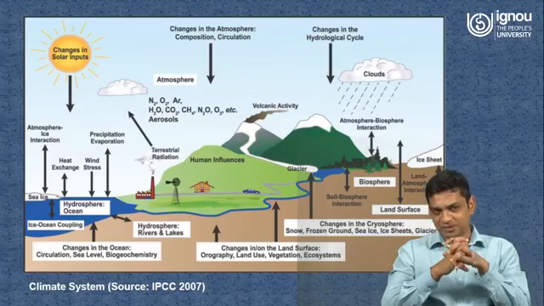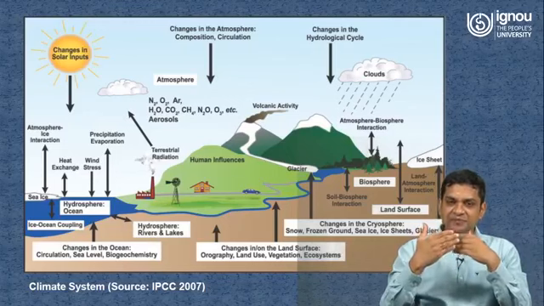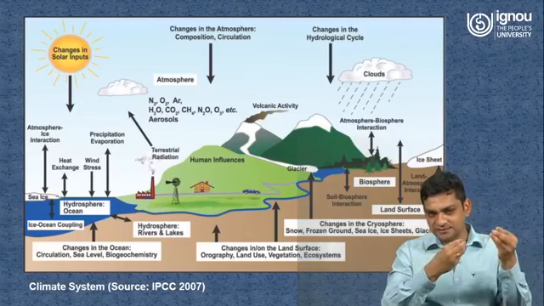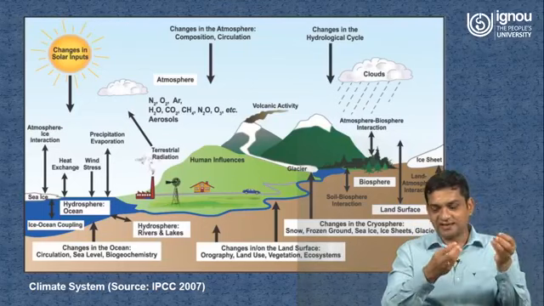So this cryosphere is also linked with the climate system or other systems like the atmosphere and water bodies in many ways. And one important thing is, because of the increase in temperature, the ice mass, the glaciers present on the continents or in Antarctic and Greenland, can melt.